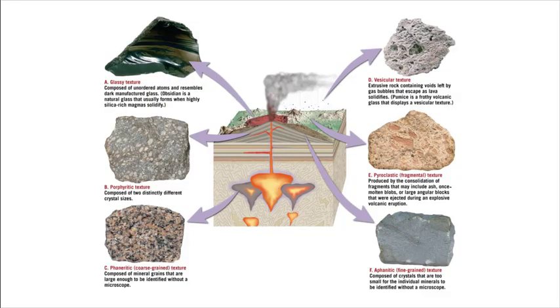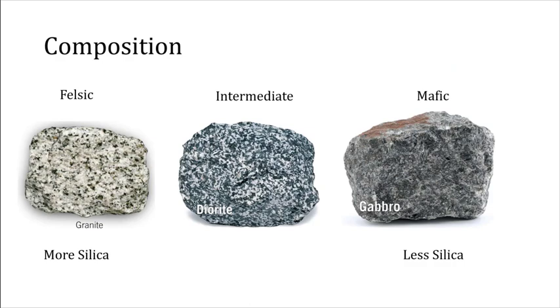Let's take a little bit closer look at them, though, just so we're sure we get this. So composition is, remember, the amount of silica that you have, right? And so I chose a granite over here, a white granite, because that gives us really the idea that these are lighter in color, right? And so more silica, something like a granite, a little bit less silica, intermediate in composition, that would be something like a diorite, and then mafic would be something like a gabbro.